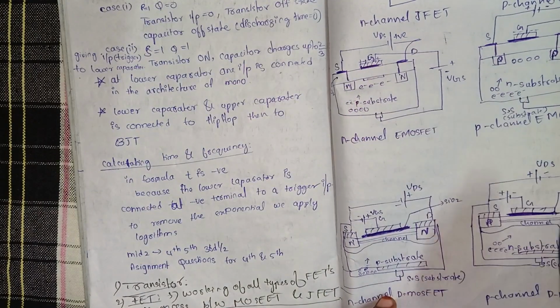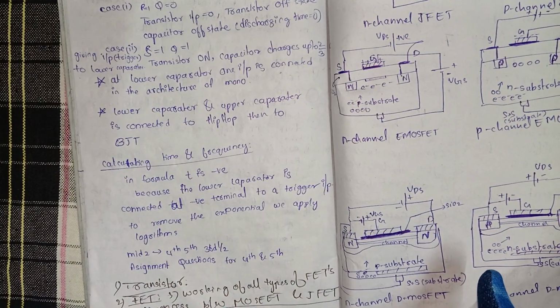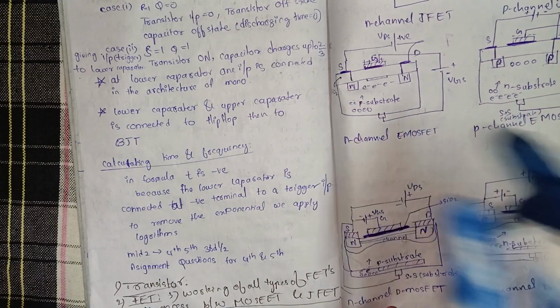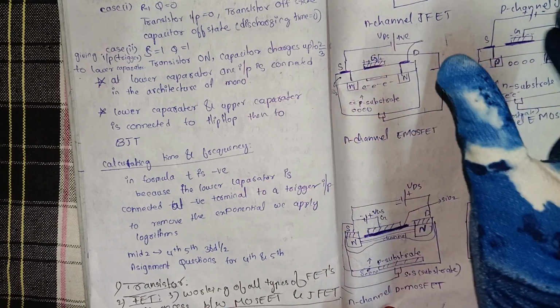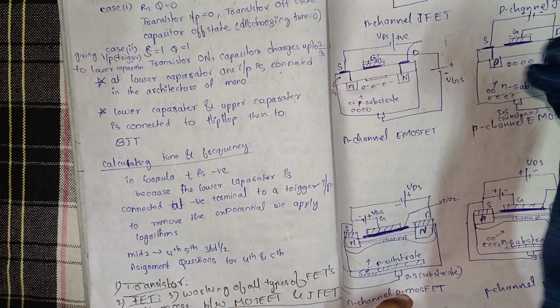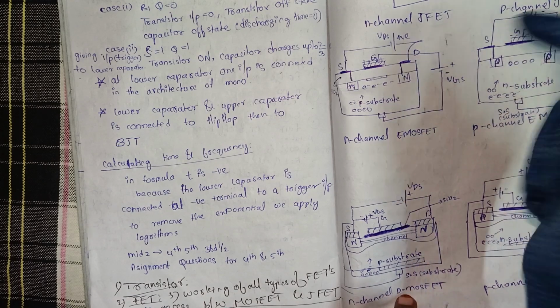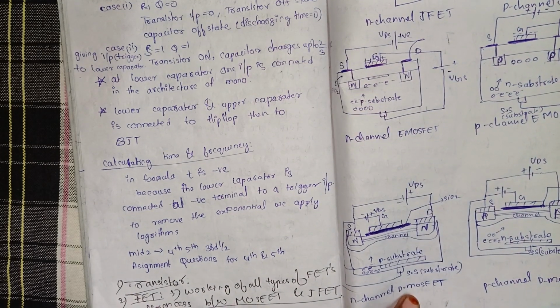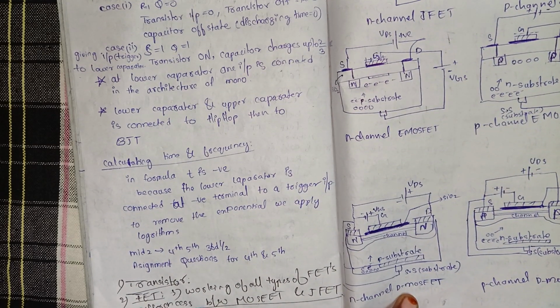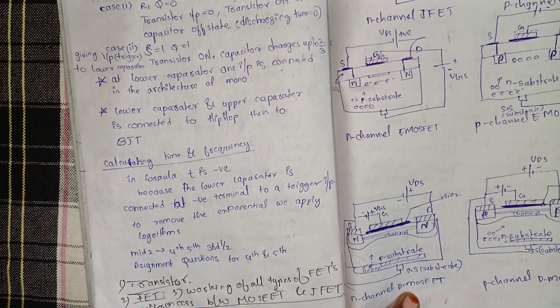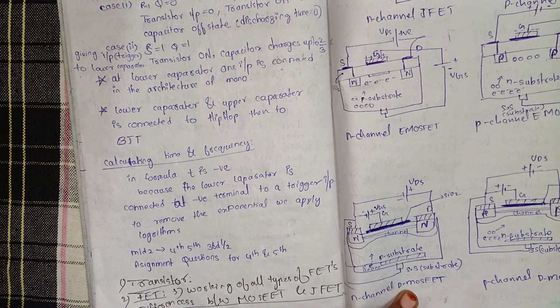So the gate is heavily doped, and the depletion region between the metal and the gate becomes extremely thin because the doping concentration is inversely proportional to the depletion region width.